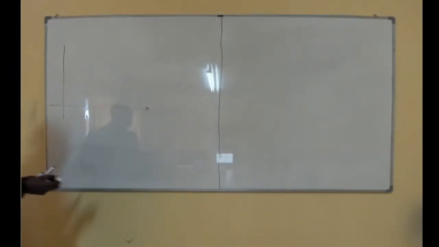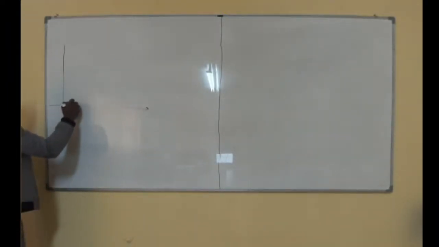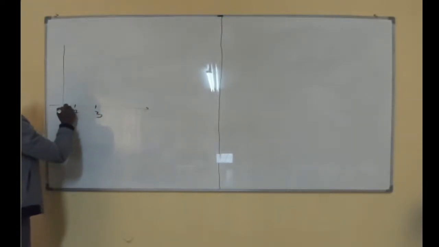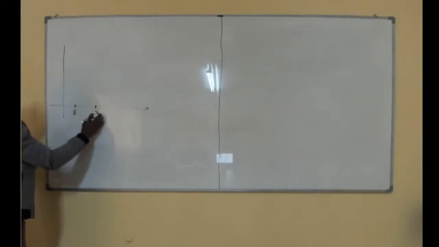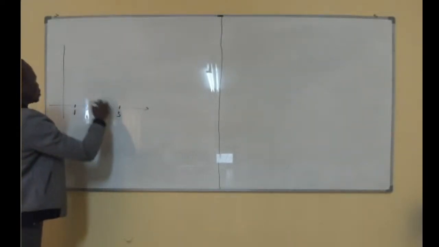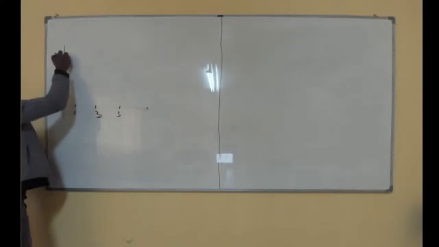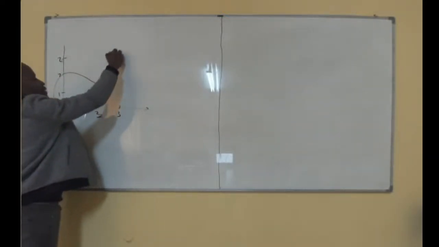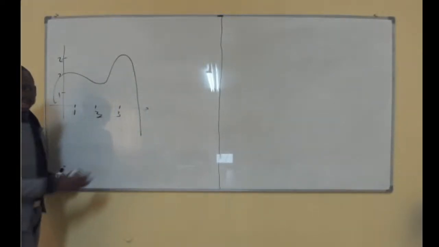So under the graphs of polynomial, they will give you a curve. Maybe the curve will come like that, then it will go like that.